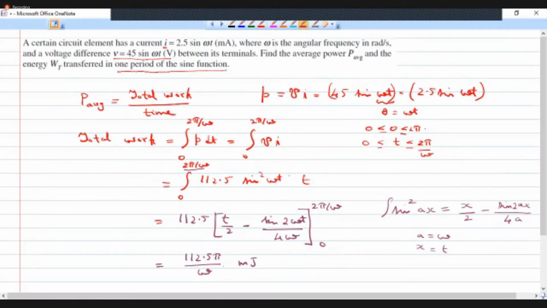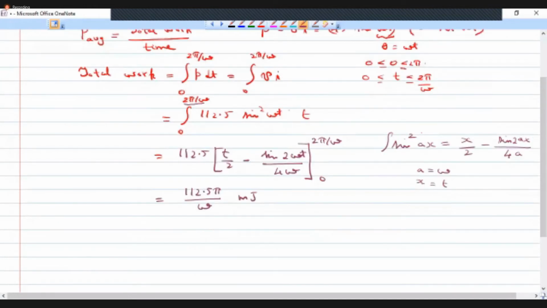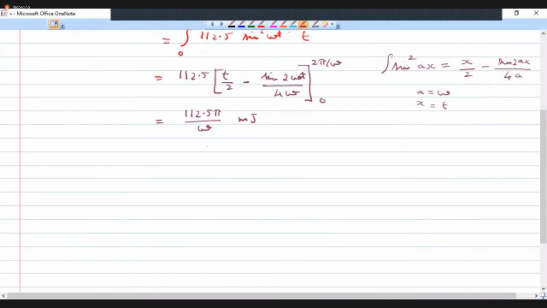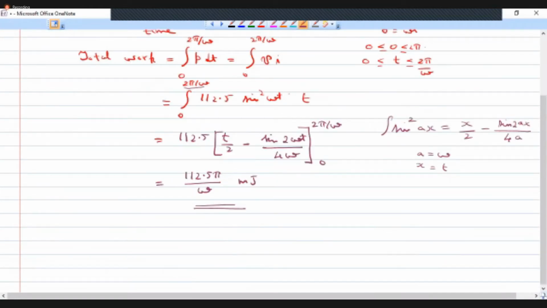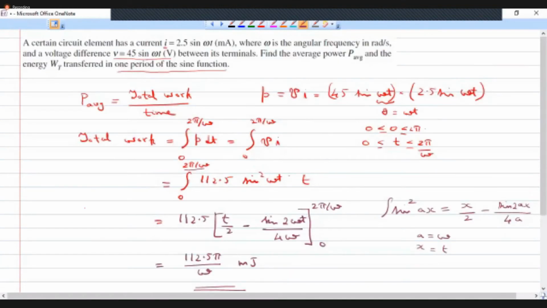Now we can write what is the power. Once we get the total work done, we can write the power using this relationship: the average power is equal to total work divided by time taken.